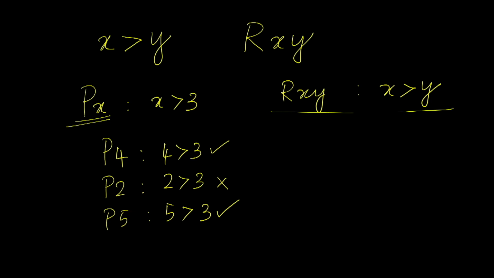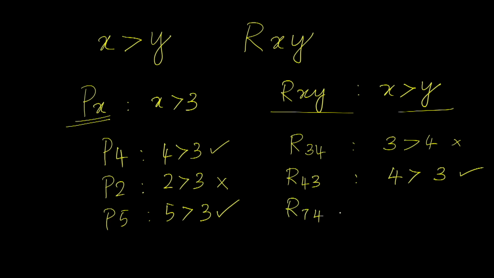Similarly, in the case of R of x y, you can substitute various values for x and y. You can substitute 3 and 4, which then would say 3 greater than 4, which is false. If you substitute 4 and 3, you will have 4 greater than 3, which is true. If you have 7 and 4, you will have 7 greater than 4, which is true, and so on. So, now we have a way of abstracting individuals away and replacing them with variables.